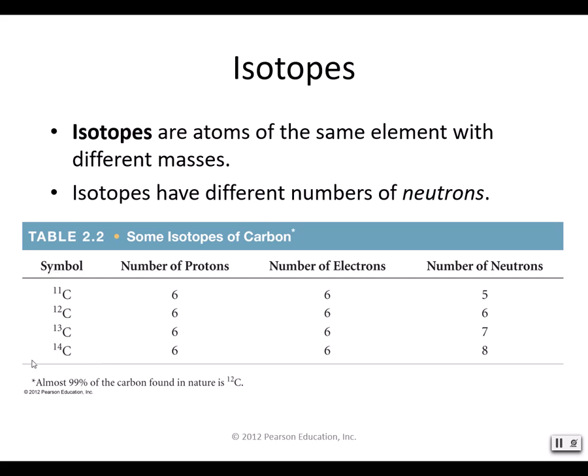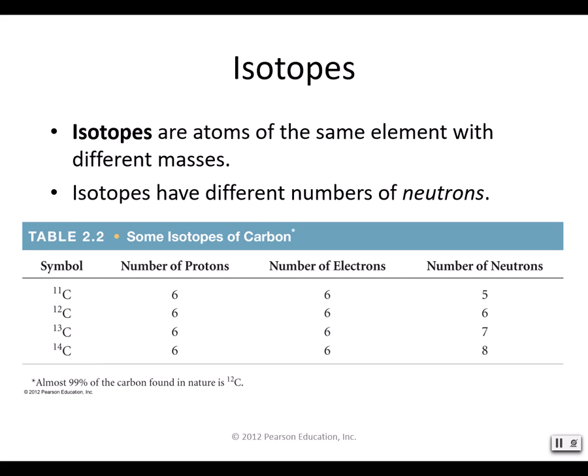But yet, according to what is shown here in this table, I have 4 different isotopes. They have 4 different atomic masses. How come on the periodic table there's only 1 atomic mass listed for carbon? And not only that, it's a decimal. It's 12.01, not just 12. What's the deal with that?